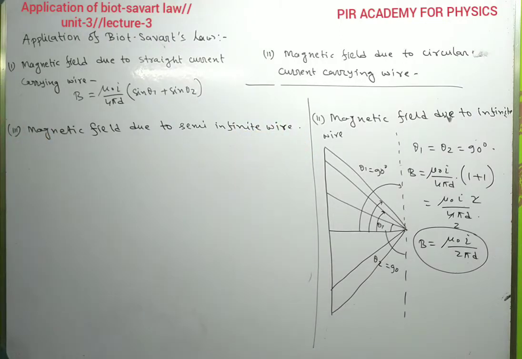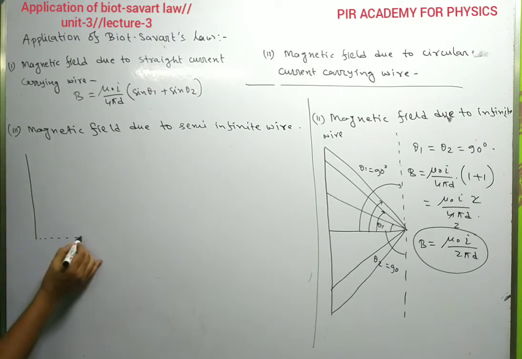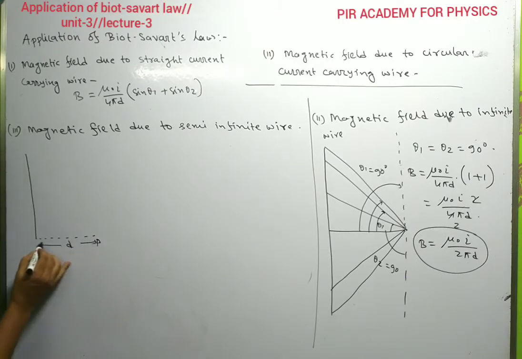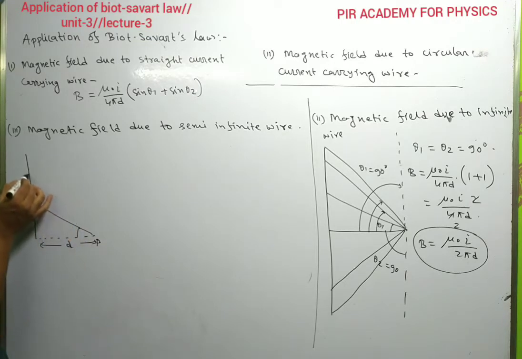How to calculate? Suppose this is point P at a distance D, and this angle will increase.